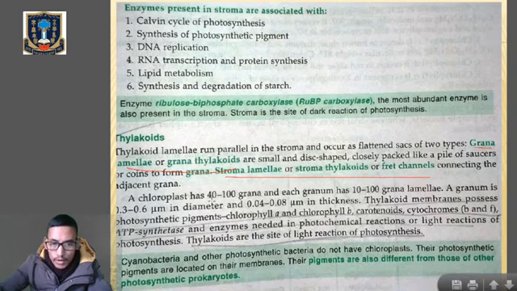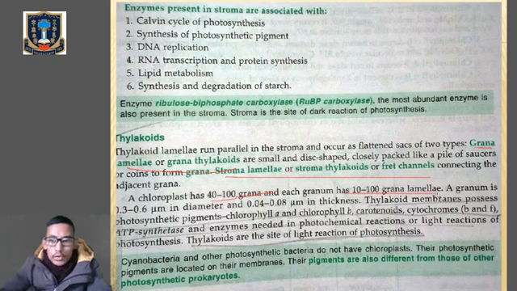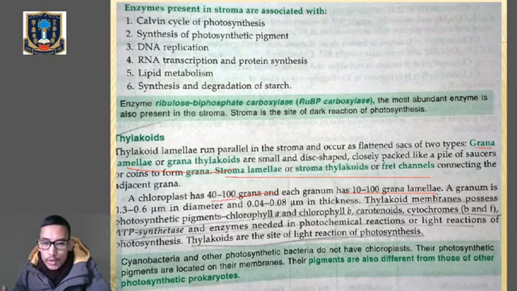Now, the chloroplast has about 40 to 100 grana, and each grana has about 10 to 100 grana lamellae. The thylakoid membrane possesses photosynthetic pigments: chlorophyll A, chlorophyll B, carotenoids, cytochrome B and F, ATP synthetase, and enzymes needed in the photochemical or light reaction of photosynthesis.